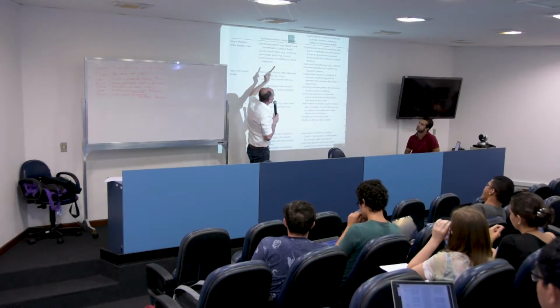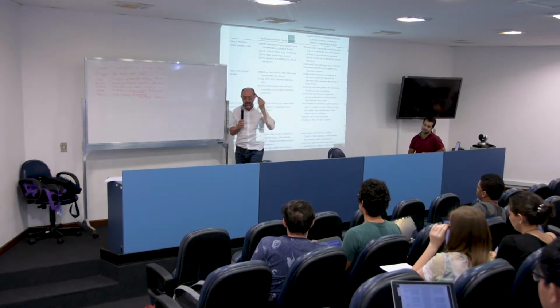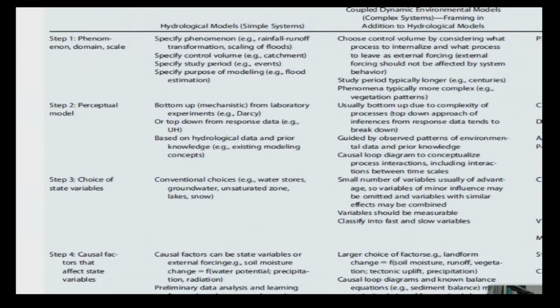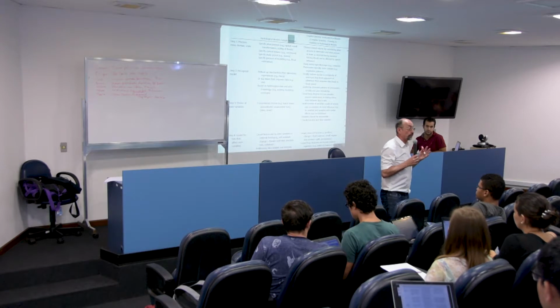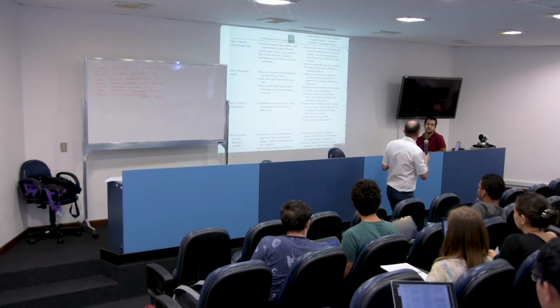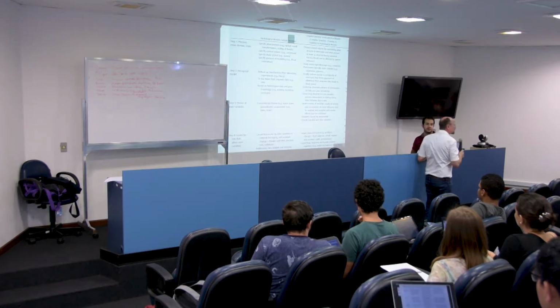Specify the control volume. We will not do this for all of the examples, but I would like you to understand what it means. You're engineers, you know what a control volume is, right? What is a control volume? The system you analyze.